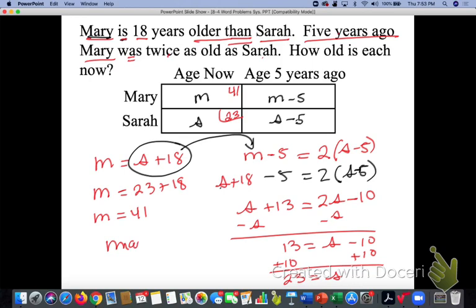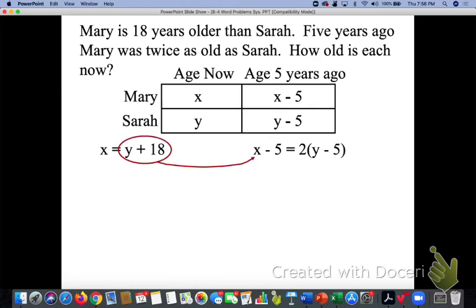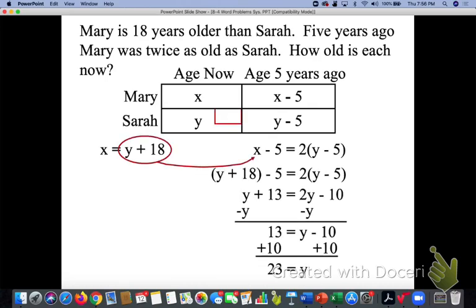So Mary is 41 years old, and Sarah is 23. Okay? Now again, remember they use X and Y, but I personally don't like to do that. I'm using M and S.